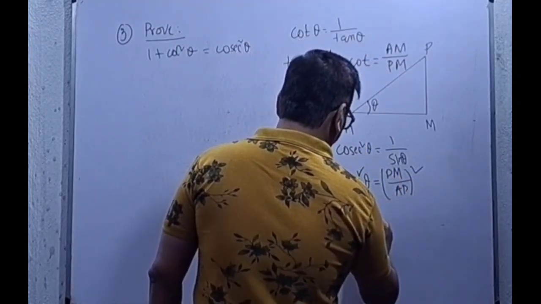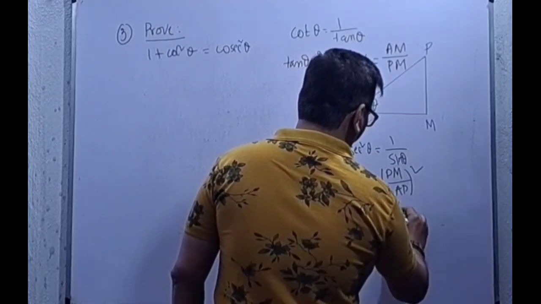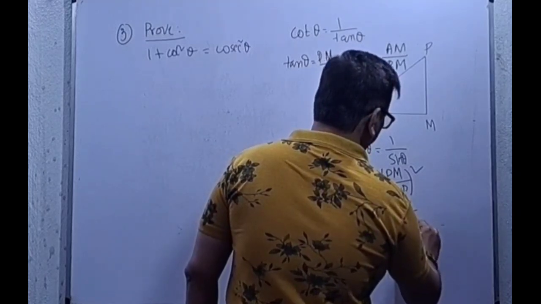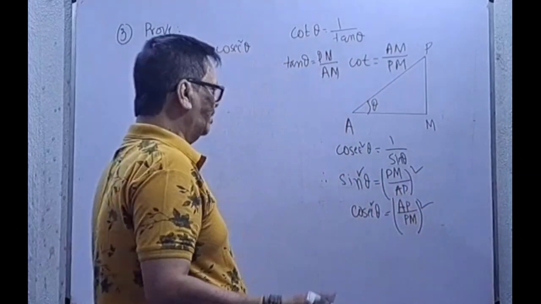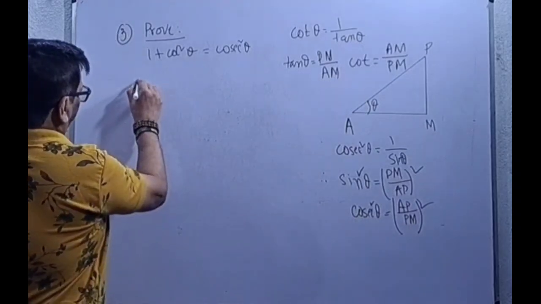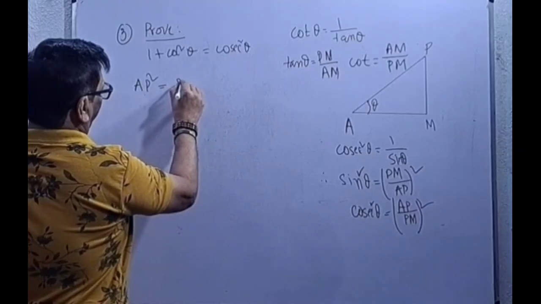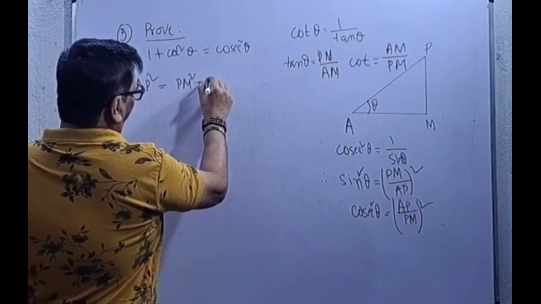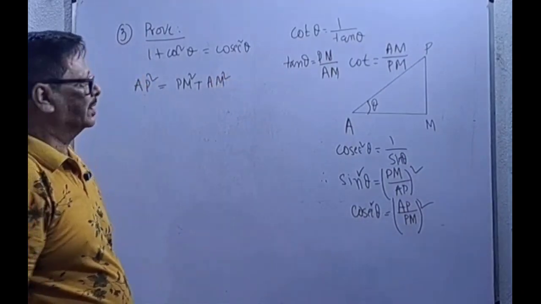So cosec² theta will be AP by PM whole square. Right? Now we go on to this. Now by Pythagoras theorem we can write AP square is equal to PM square plus AM square. Right?